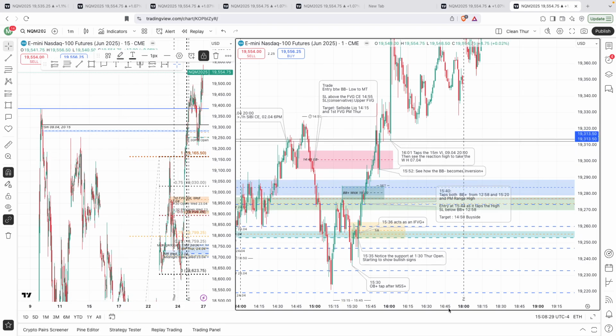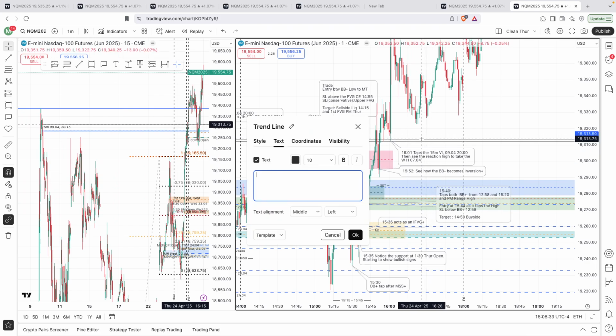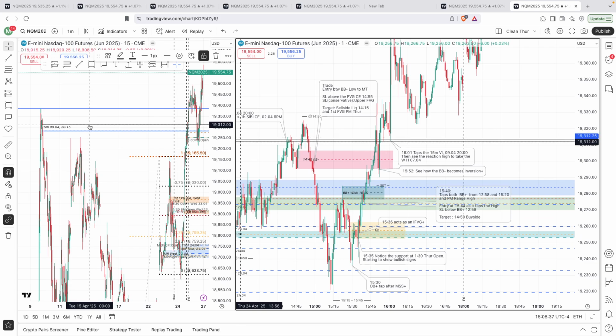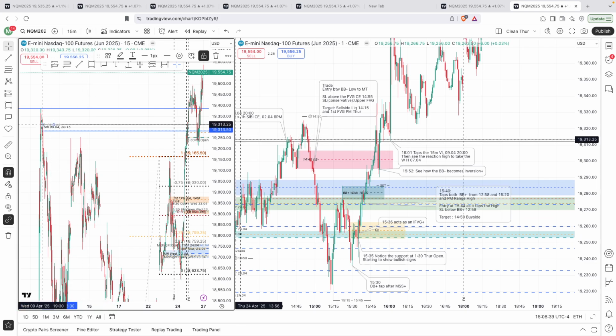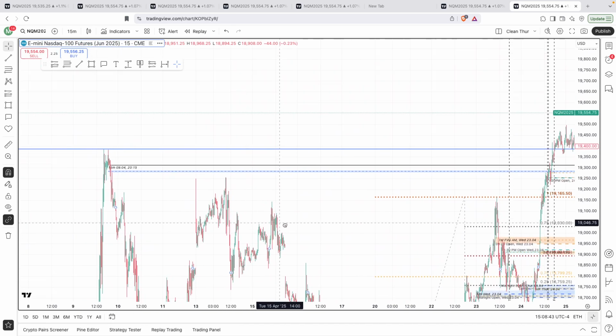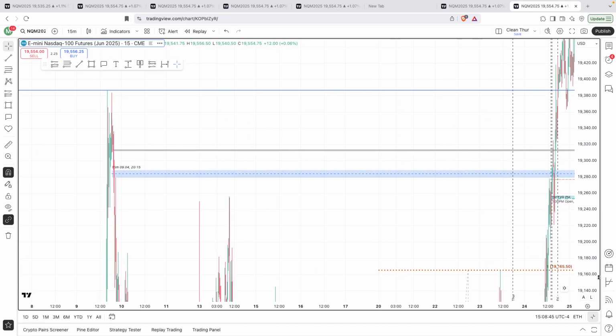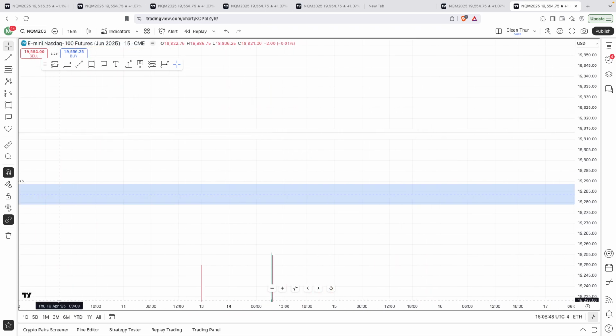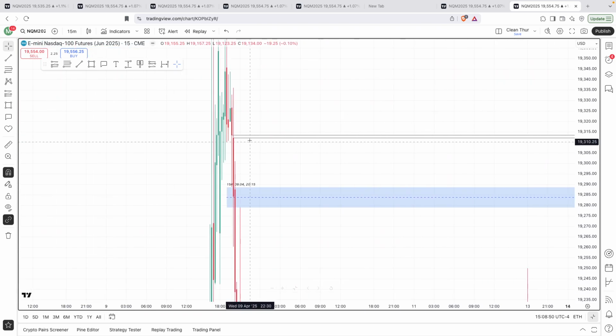So if we look at this one, 913.5 and 912.25, we see how this one is coming from here.